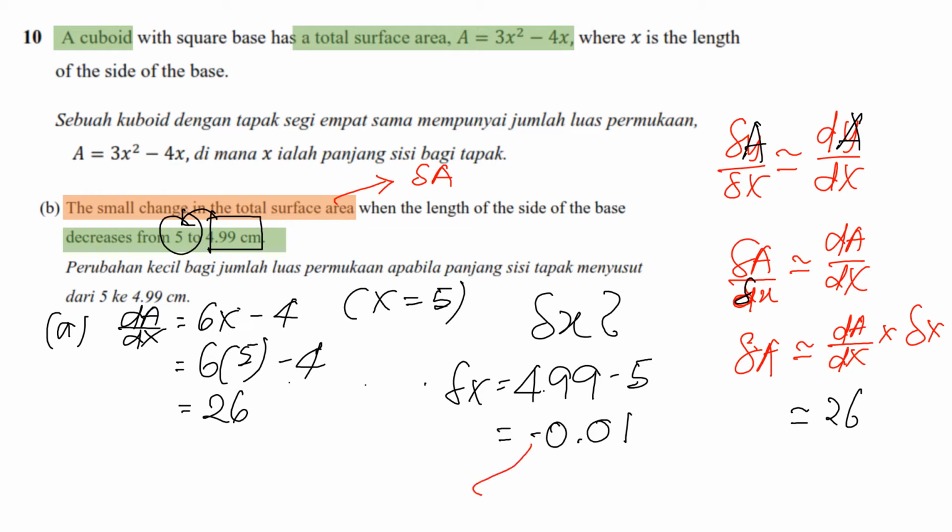The negative sign means decreases. So therefore, multiply with negative 0.01. So 26 times negative 0.01, you get negative 0.26. Yes, that is the answer to the question asked, the small change in the total surface area.